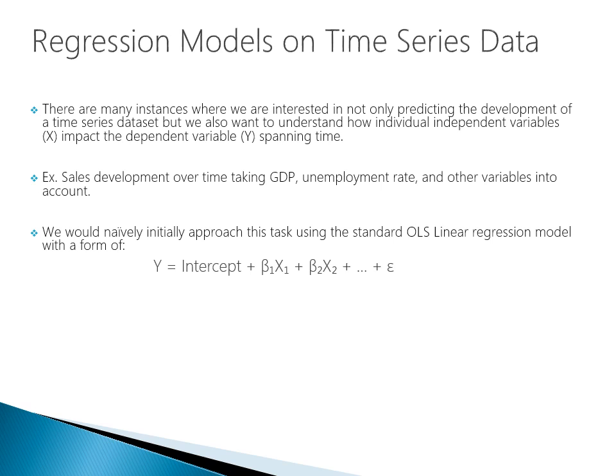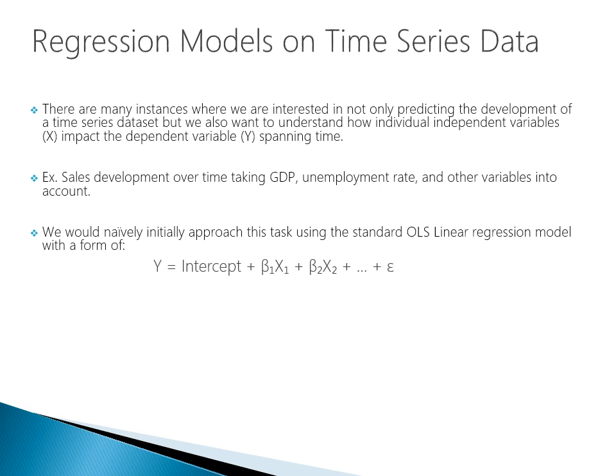We would naively initially approach this task using the standard OLS linear regression model with the form of y equals intercept plus beta 1 x1 plus beta 2 x2 and so on, and finally the error term. We get into a very detailed discussion about OLS in our regression tutorial earlier on.